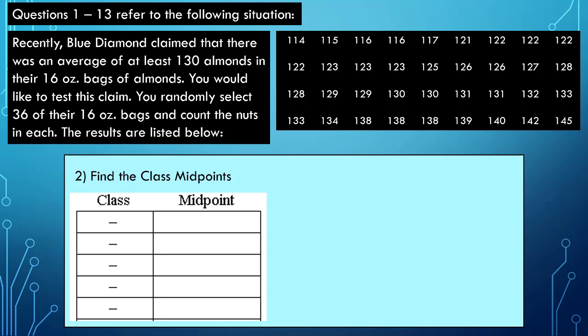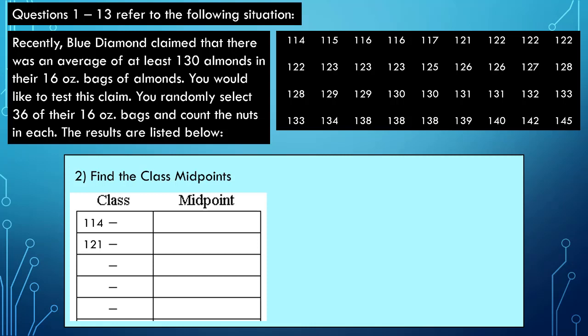So the data minimum here is 114. Then we take the class width and we add it to the minimum. 114 plus 7 is 121. That's the next lower class limit. Right? Don't put it next to the 114, it goes under the 114.